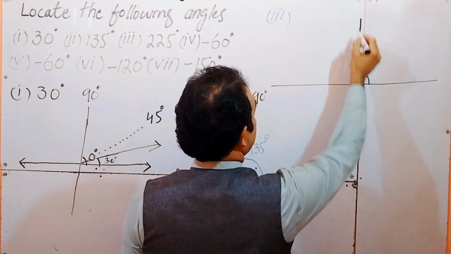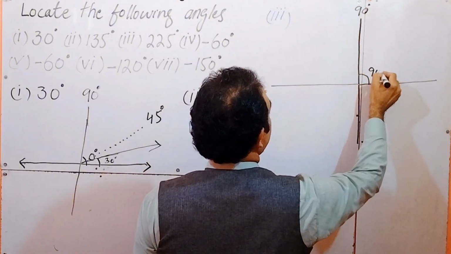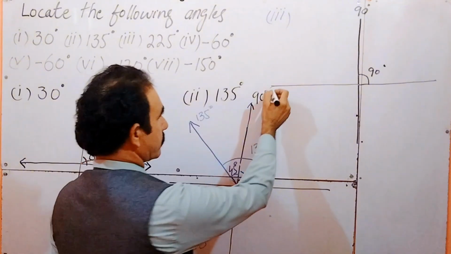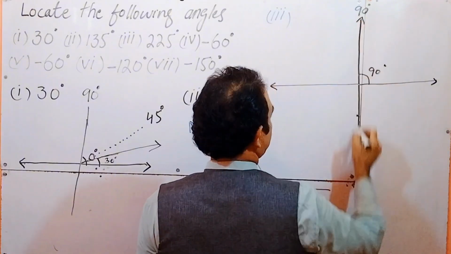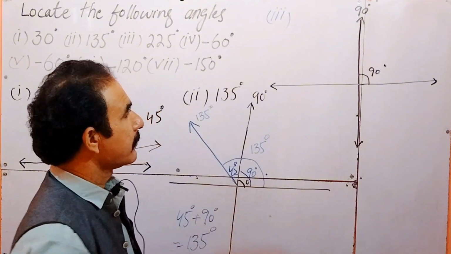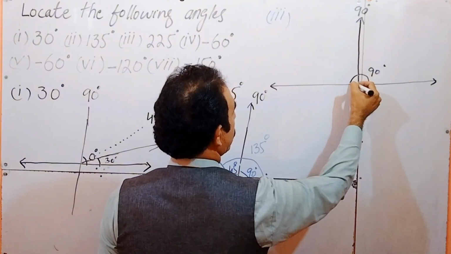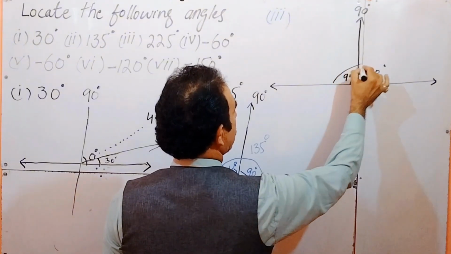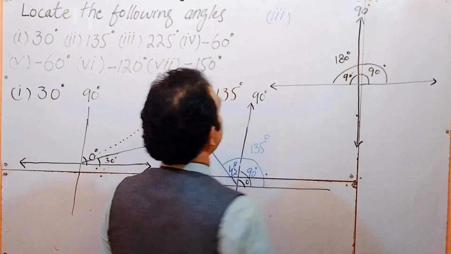From here that is angle of 90. 90 plus 90, total is angle of 180.